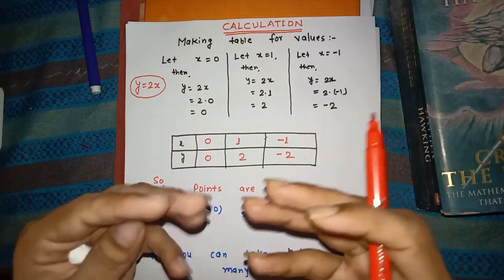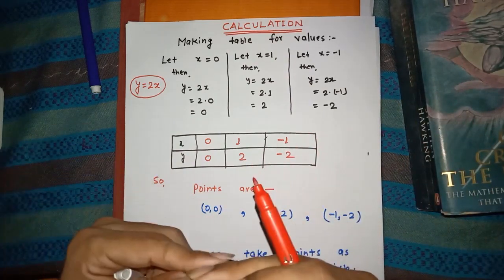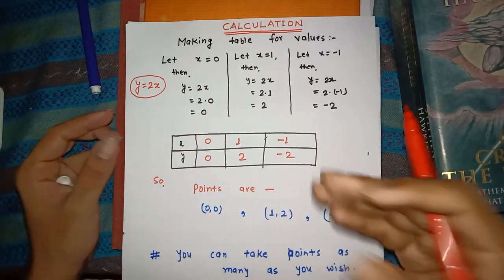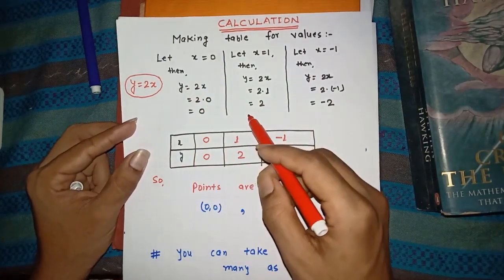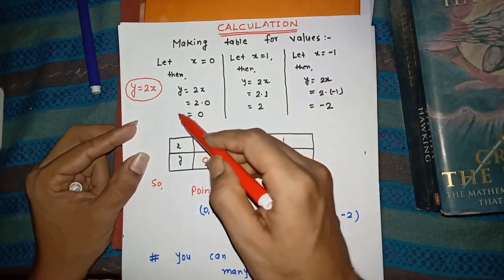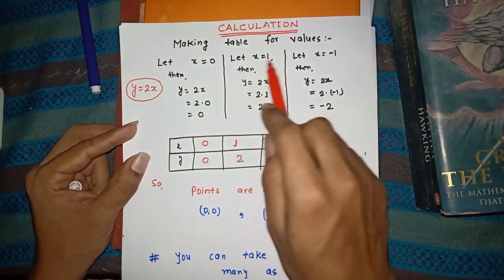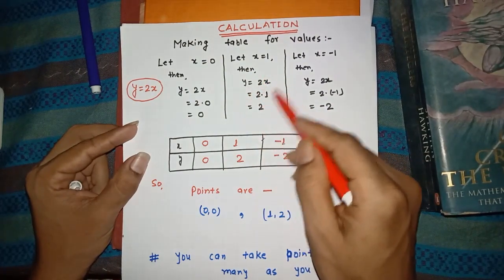Remember that you have to take lesser values so that you can represent them on your graph paper easily. So I am taking y is equal to 2x, and putting the value of x, I have taken x is equal to 1.